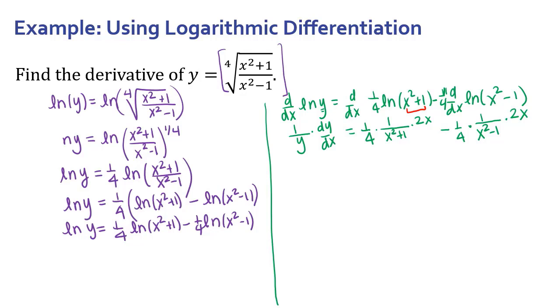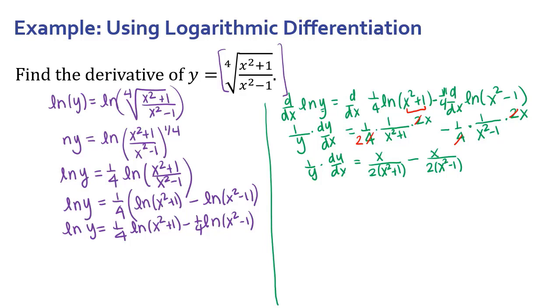At this point, let's simplify this out a little bit. I'm going to have 1 over y times dy over dx equals, since I've got a 2 and a 4, that's going to turn into a 2, so I'm left with x over 2 times (x squared plus 1), minus, same thing here, x over 2 times (x squared minus 1).